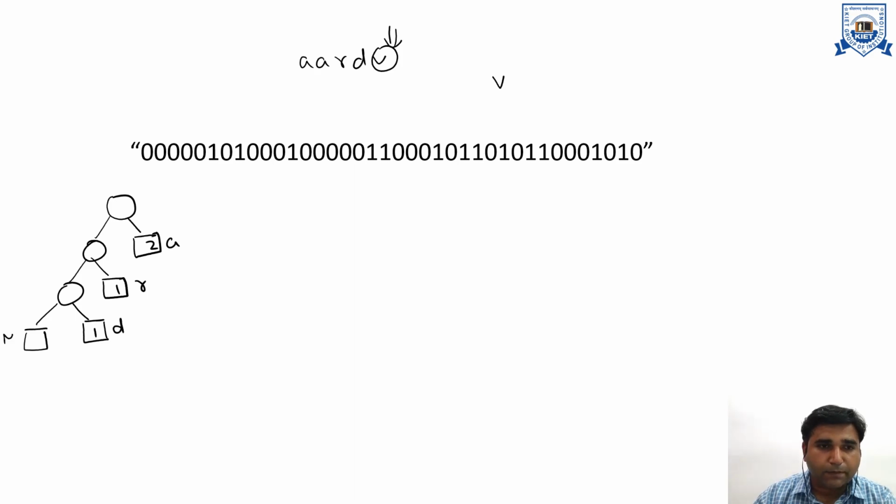Okay, as per the previous slide, 0, 1, 1, 1 plus 1 is 2, then 2 plus 2 is 4. Now we just put 0, 1, 0, 1, 0, 1.